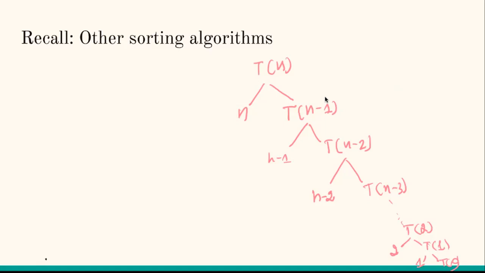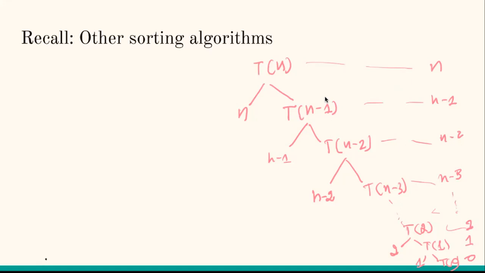Next, we have to count the cost of each level of the tree. The first level will take n. The second level will take n minus 1. The next level will take n minus 2. This level will take n minus 3, and so on until it will take 2, 1, and 0.